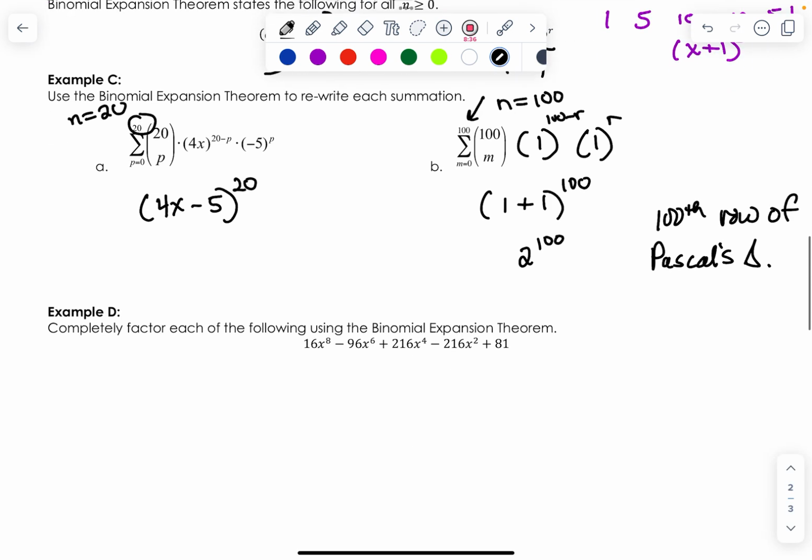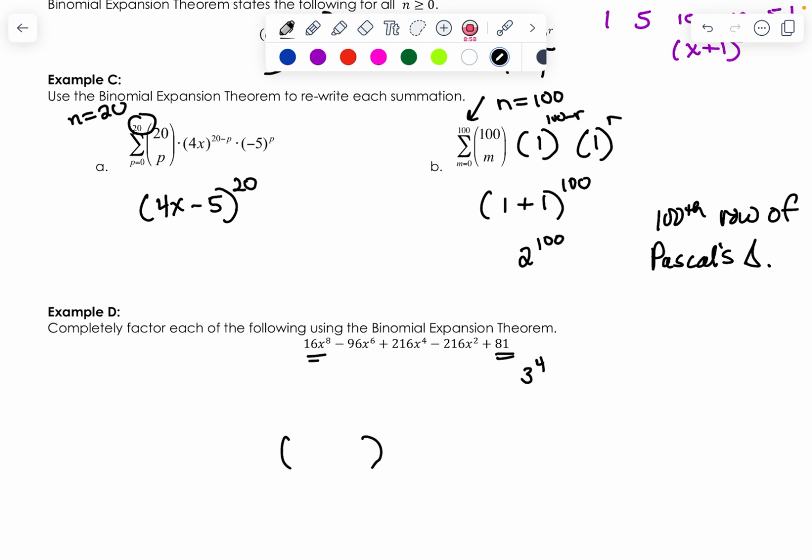All right. Then example D, completely factor using binomial expansion theorem. So I want you to remember that, okay, so I'm not quite sure what's happening here with this first term, but if I go to 81, isn't that 3 to the 4th?